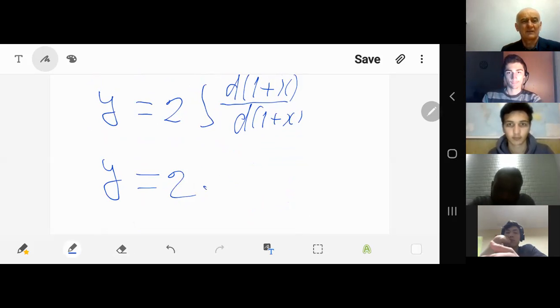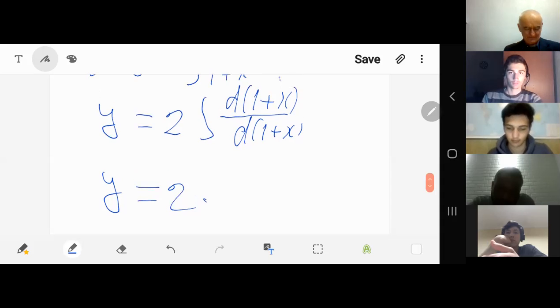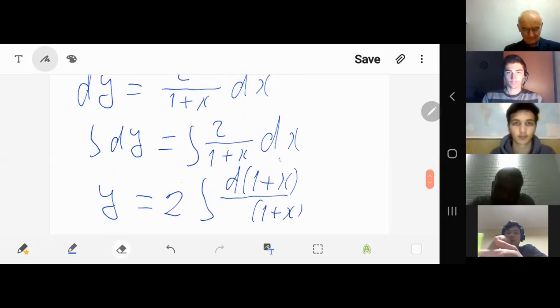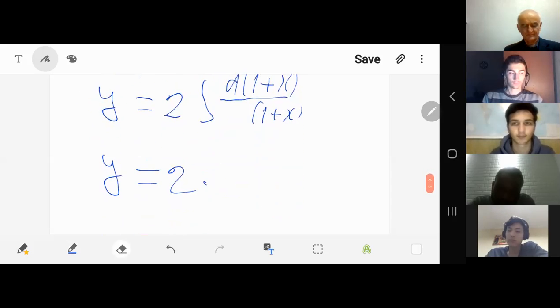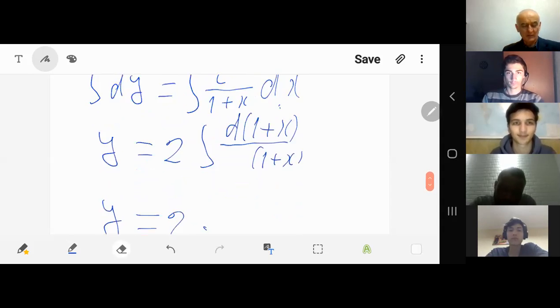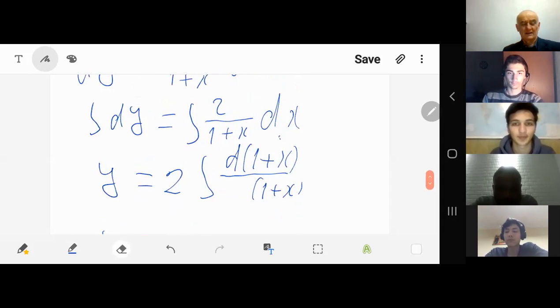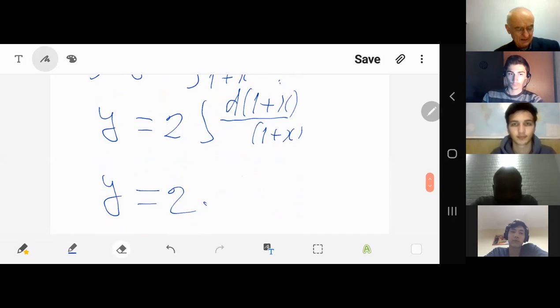There is just 1 plus x. What I changed there: instead of dx, I wrote down d(1 plus x). And also, I don't need these parentheses.